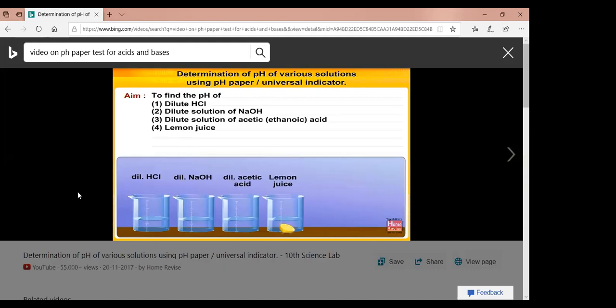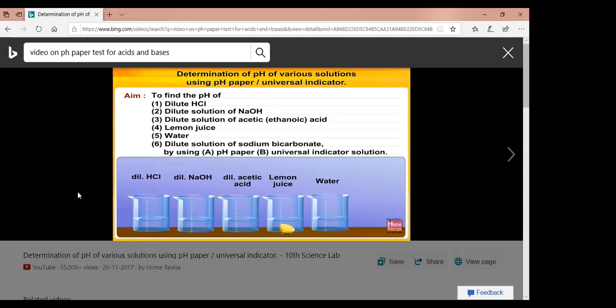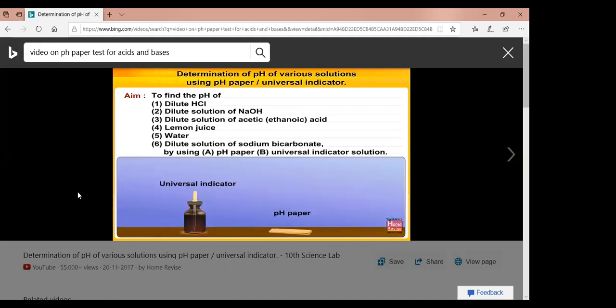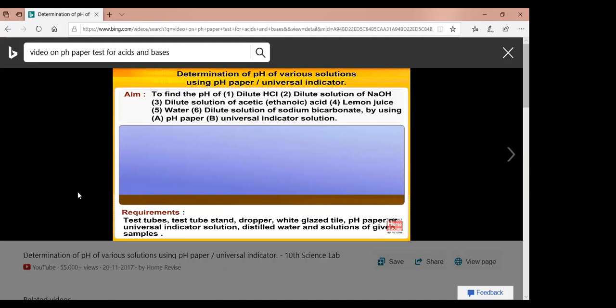Then you have lemon juice, water, and a dilute solution of sodium bicarbonate, which is baking soda. They have asked you to use universal indicator or pH paper. Universal indicator is nothing but the liquid form of pH paper.